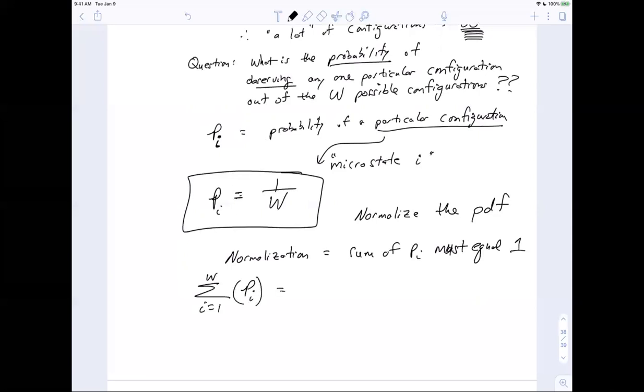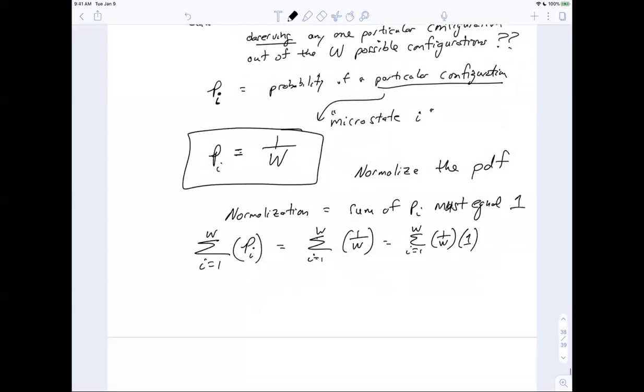P sub i, we've just found out, is 1 over W. And 1 over W is a constant, because W doesn't change in this very special case of an isolated system. I'm going to make this very explicit, maybe it's overkill, but I'll write it this way: a constant 1 over W times 1.